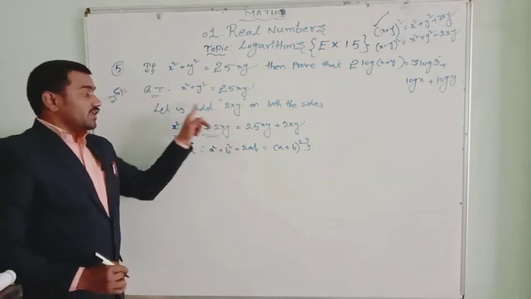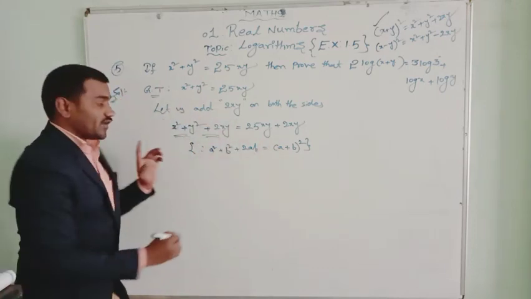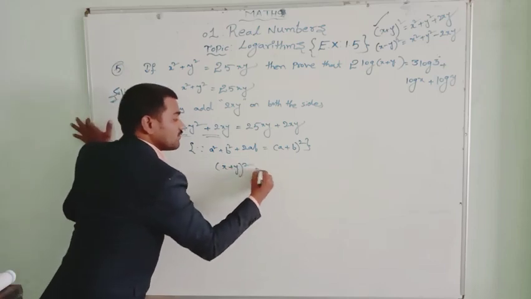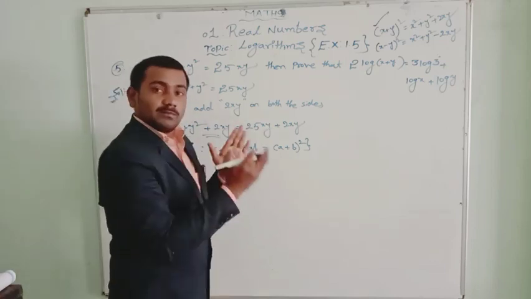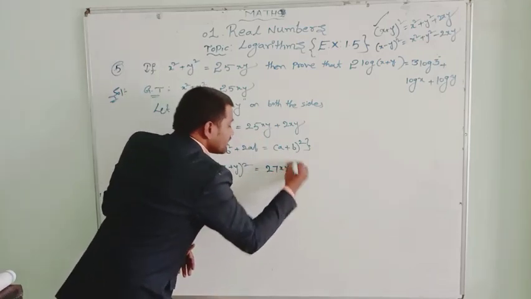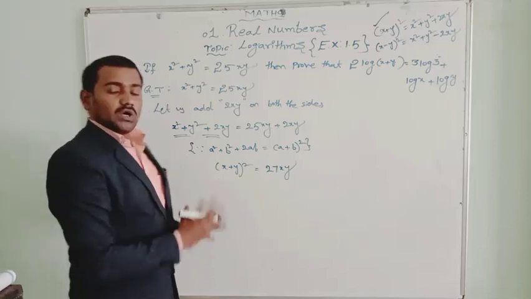So in short form, x plus y whole square equals 25xy plus 2xy, which gives 27xy. Okay, till here we got it.